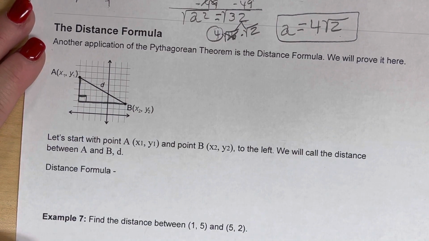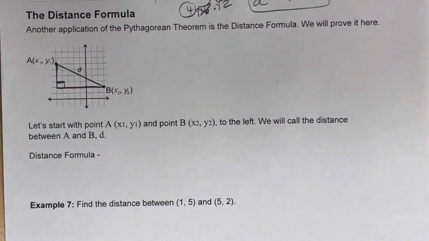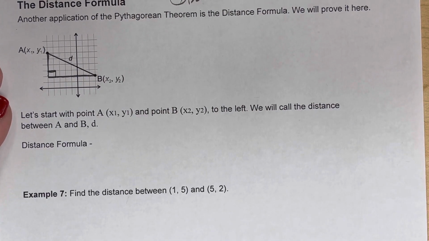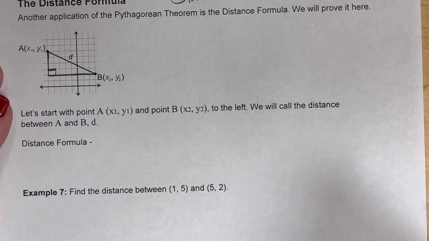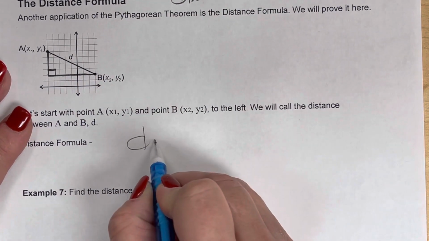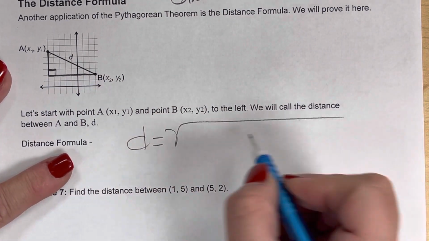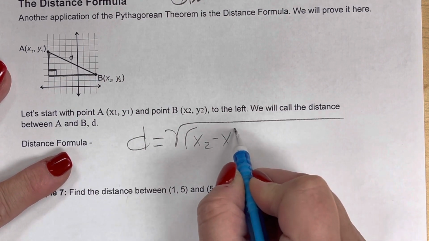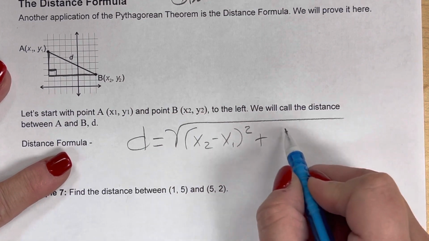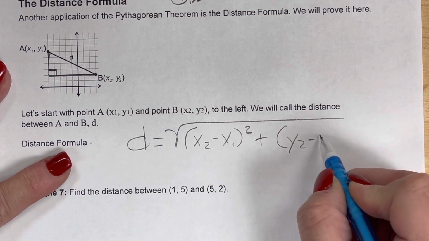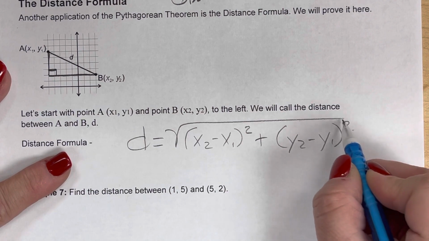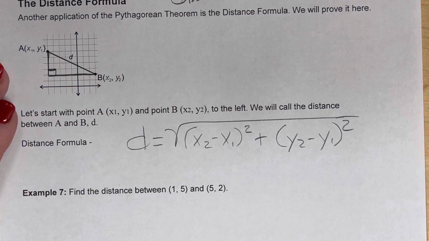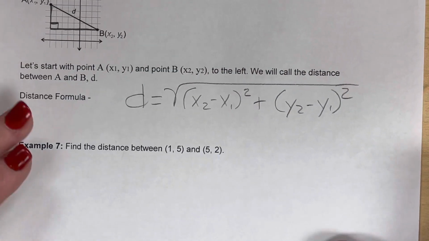So your distance formula, and we have done this numerous times this year, so not that you would have it memorized, but my goal is that you'll get all of these questions correct. The distance formula is the distance equals the square root of x2 minus x1 squared plus y2 minus y1 squared. Now remember, you can enter that whole thing in your calculator, so just be careful. Just don't rush, and the calculator will do the work for you.